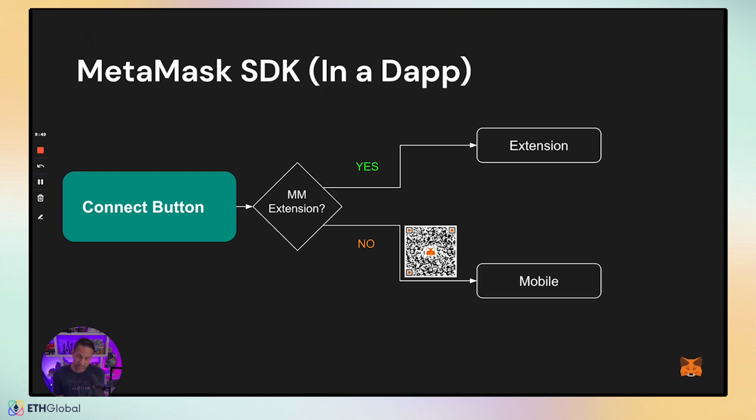If the MetaMask extension is not found, then you're going to get a QR code, and that QR code will allow you to take your phone, scan the QR code, and it will connect you to the mobile. And yeah, we'll see that working once we have our application up and running.